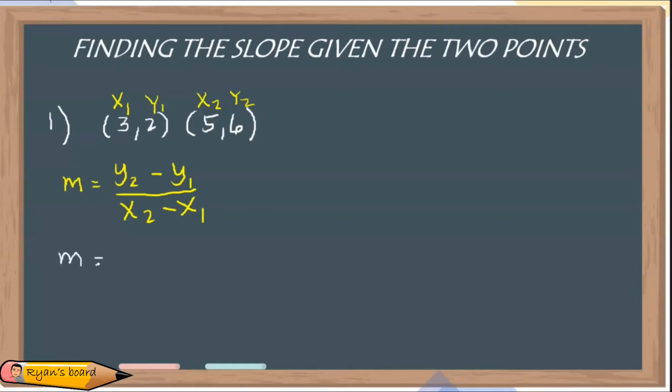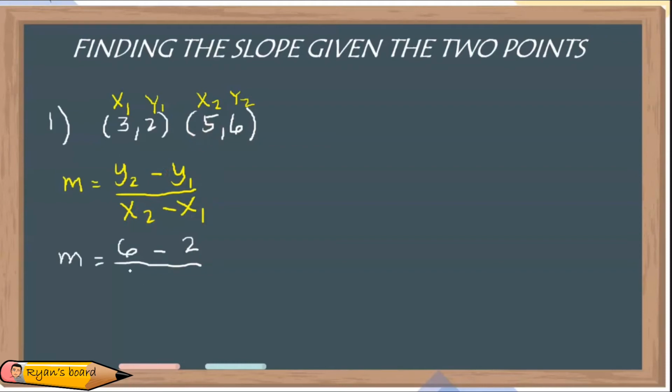Okay, next. After that, substitute on our formula. Okay, what is our y sub 2? So, ito yon. That's 6. So, imbis na y sub 2, ang lalagay natin ay 6. Copy minus. What is our y sub 1? That's 2. Okay? Over. What is our x sub 2? That's 5.